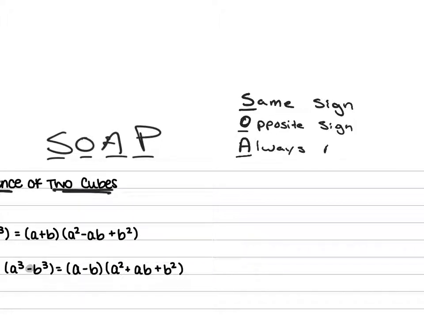Same sign. Opposite sign. Always a plus. That's what SOAP stands for, and I'll show you how we're going to use this in just a moment. Now you can only use this when you have the sum or difference of 2 cubes. I'm going to let everybody write that down.